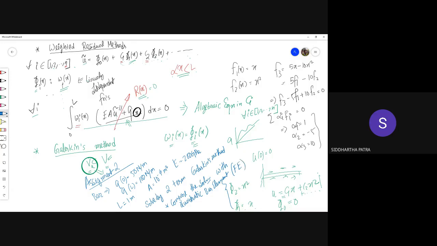So you need to solve it in two ways: one using Galerkin's method, the other being finite element method, in which you'd use quadratic bar element. Compare the solutions, compare the answers, which means the values of u at L and u as a function of x.